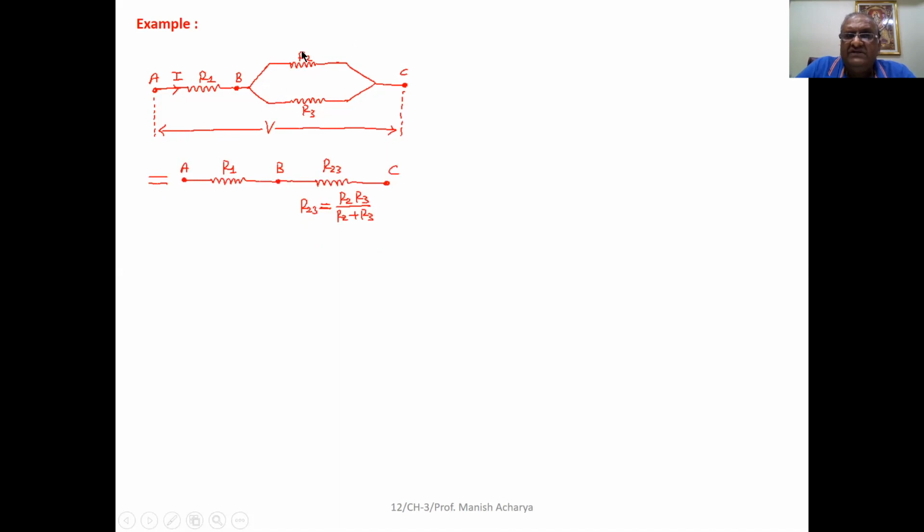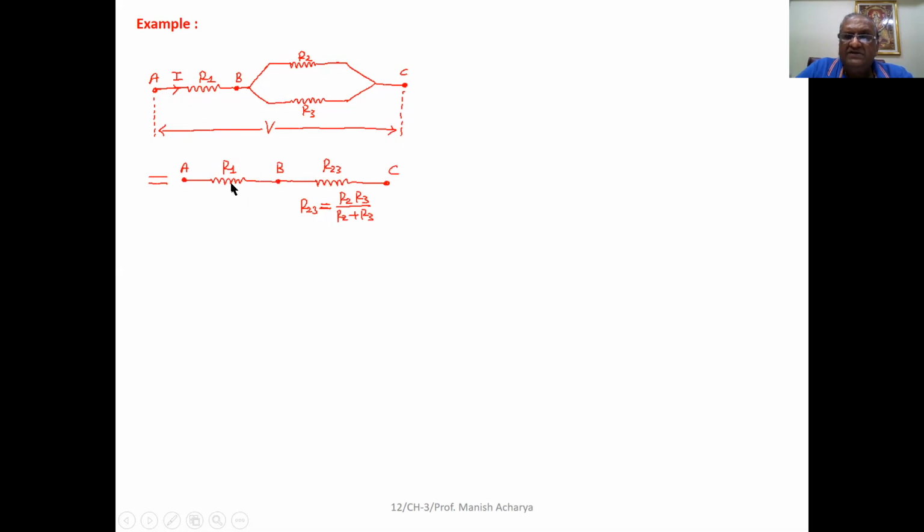Replace these two resistors which are in parallel, R2 and R3, by one resistor which is equivalent to this combination. Suppose that resistor is R23. So we can write R23 equal to R2 R3 upon R2 plus R3. So now this particular circuit we can prepare like this.